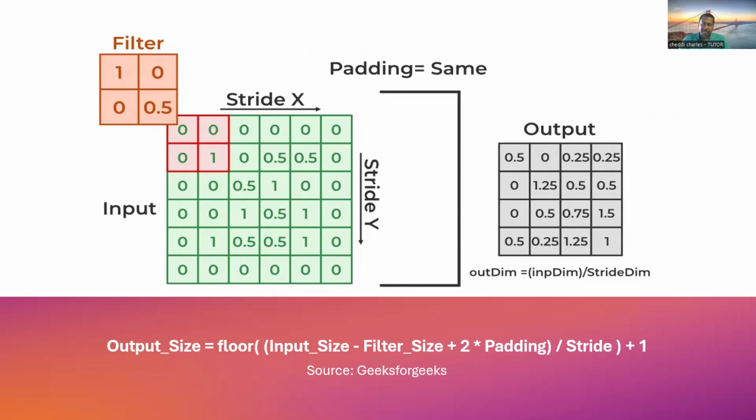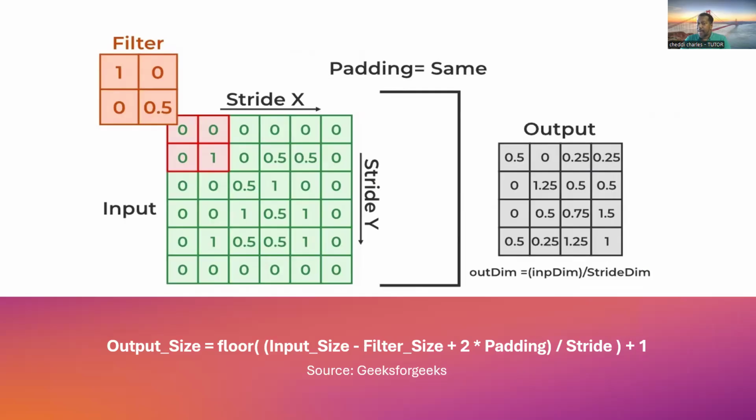The next thing is the padding. Why padding? You see the padding is same. What does that mean? Because of how the strides move, it can reduce the dimension. So what padding does is fill the borders with zeros. In that way, it will preserve the dimension, so the dimension of the input will be the same as the dimension of the output.